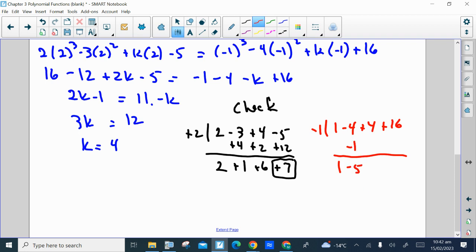We add and get -5. -1 times -5 is plus 5. We add and get positive 9. 1 times -9 is -9. We add and we get positive 7. We get the same remainder, which we were told we were supposed to. So that proves that our k value is correct.